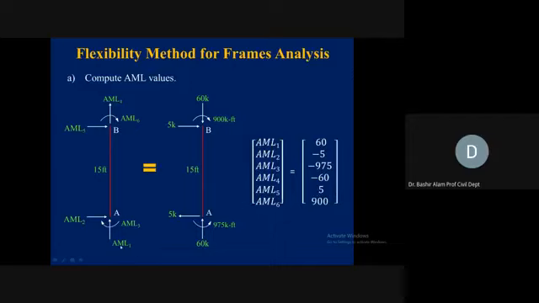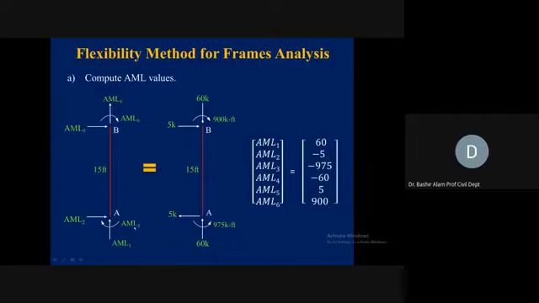Now here, AML1 corresponds to the AM1 value, this is to the AM2, this is to the AM3, our positive directions. Now you match this to this one. AML1, it is upward, positive, 60 is upward, so we write this positive. AML2 is rightward, but here 5 from the actual analysis is leftward, opposite to this one, so it is negative, and -5 we write here.